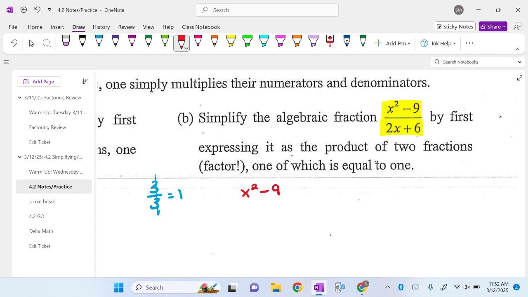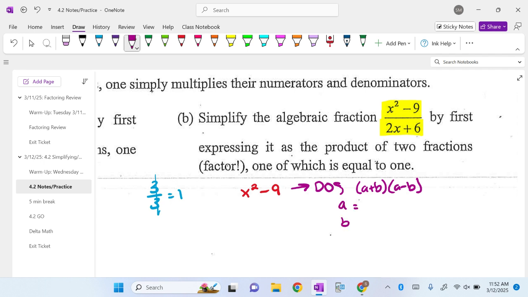Is that true? Yes. Because if I took the square root of both, I would get a nice number. So if this is a difference of squares, that means that it would factor as a plus b times a minus b.